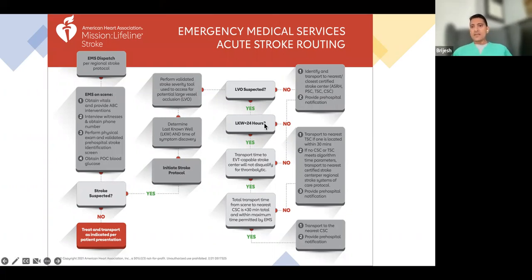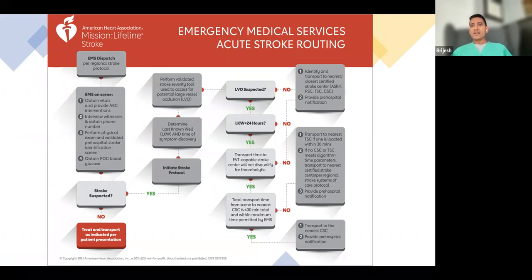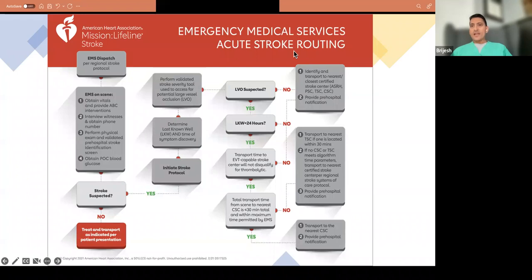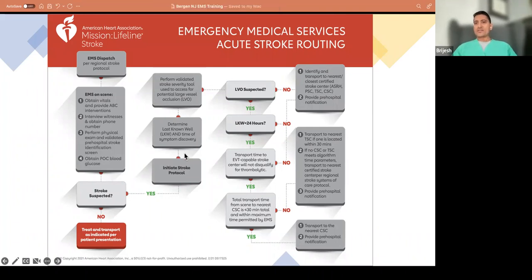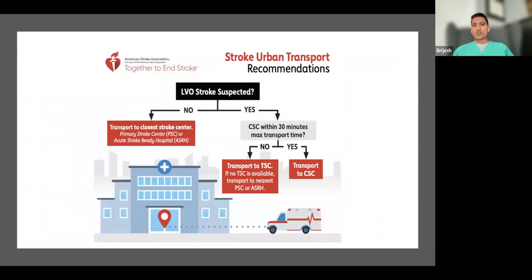All of this is now ingrained in the American Stroke Association Mission: Lifeline guidelines, where EMS is at the forefront. And we have all these triage algorithms that educate EMS medical directors and the chiefs and captains on how to triage acute stroke patients if you suspect a large vessel occlusion, the worst type of stroke.